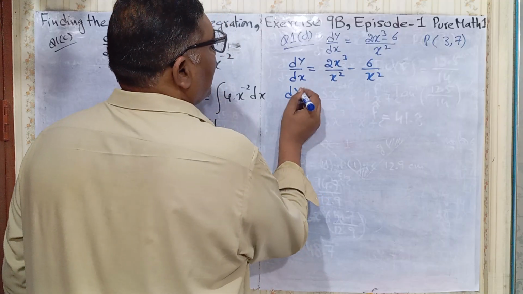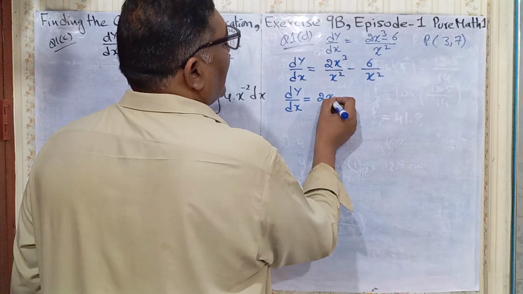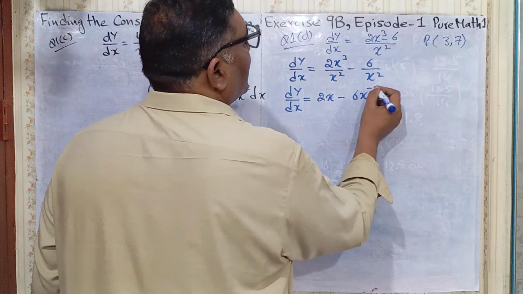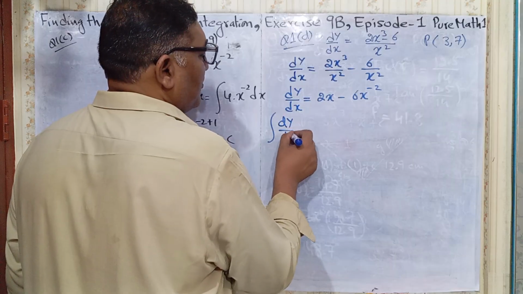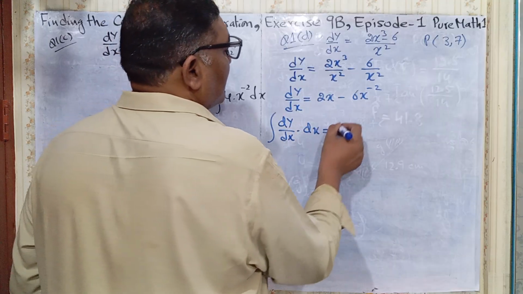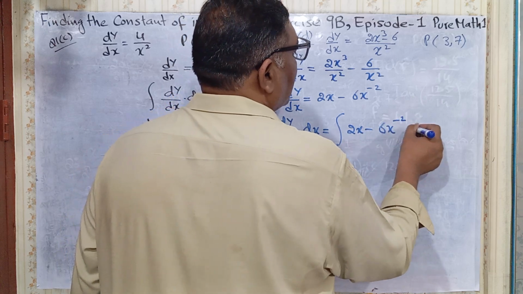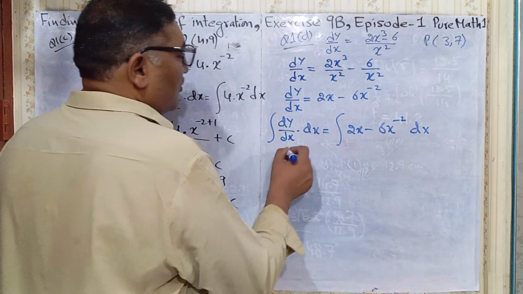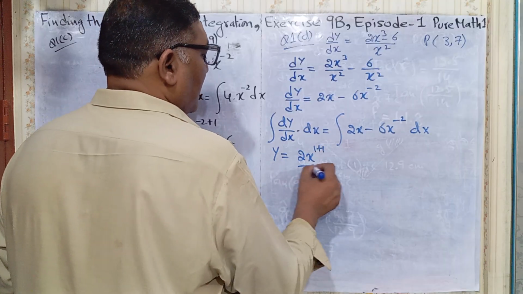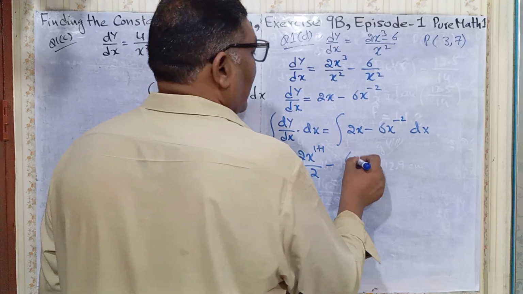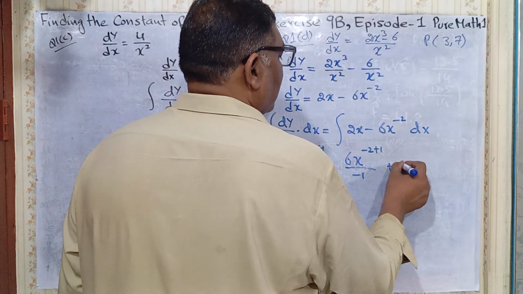So my dy by dx will become 2x minus 6x raised to power minus 2. So I will take integration on both the sides. Integral of dy by dx dx is equals to integration of 2x minus 6x raised to power minus 2 dx. Okay, so this will become y. This will become 2x raised to power 1 plus 1 divided by 2 minus 6x raised to power minus 2 plus 1 divided by minus 1 plus c.